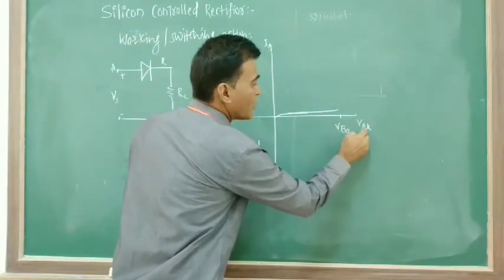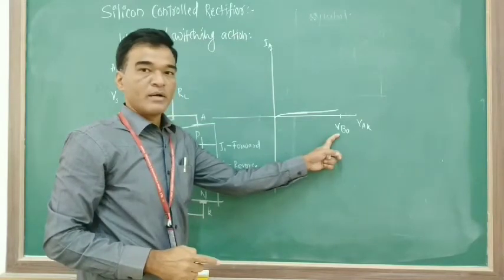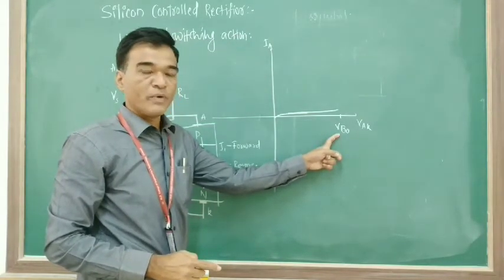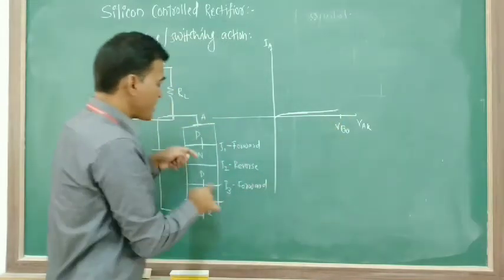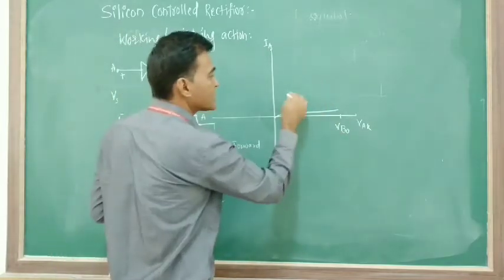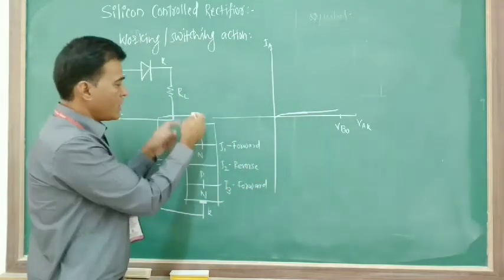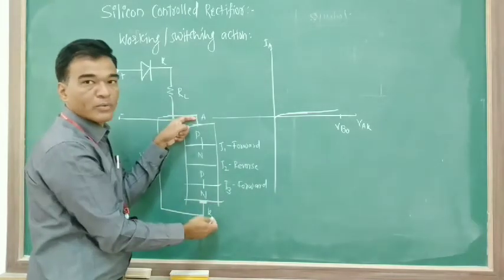If the anode to cathode voltage increases more than VBO, where VBO is known as the breakover voltage, this reverse biased junction breaks and a large current starts flowing through this junction, moving from anode to cathode.